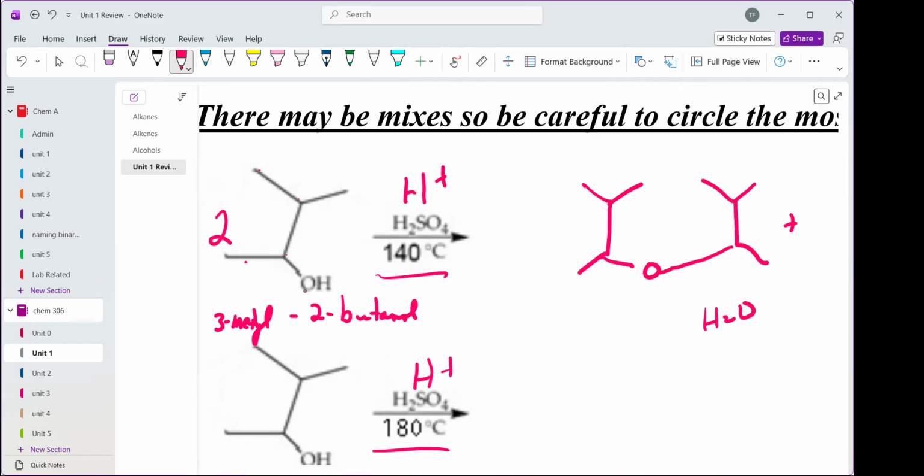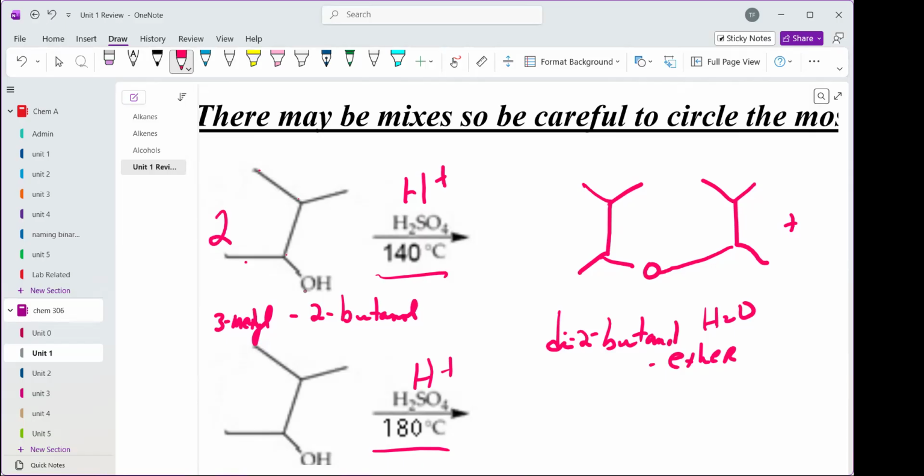So the ether now is going to be made up of 2 butanols. So it's going to be di-2-butanol ether. Now that's the common name. The other name, the IUPAC name, is an alkoxy derivative.